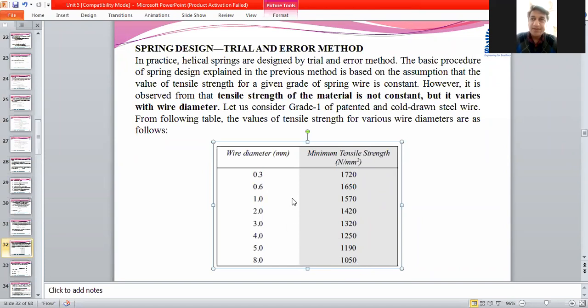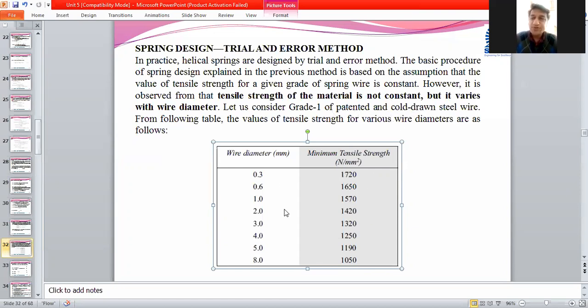Getting me? So here you can see, because the method you use for manufacturing that wire is cold drawing, as you go on increasing the diameter, what is going to happen? The material is going to become more and more hard. And we cannot change that, as this is the drawback of this manufacturing process.